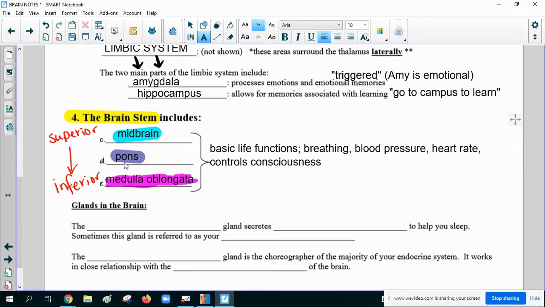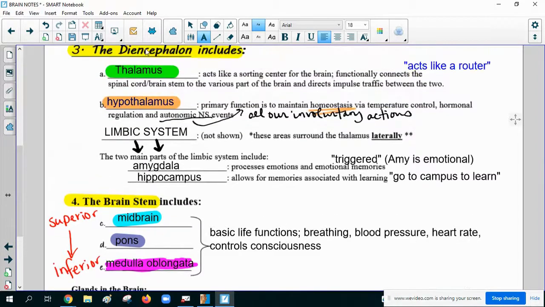or if someone gets a brainstem injury, they could end up in a coma. Or have a partial vegetative state happening if they have a brainstem injury. So basic life functions, you cannot live without a functioning brainstem. The same is true of the diencephalon. You cannot live without the activities of the diencephalon.